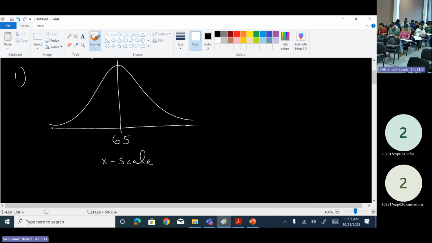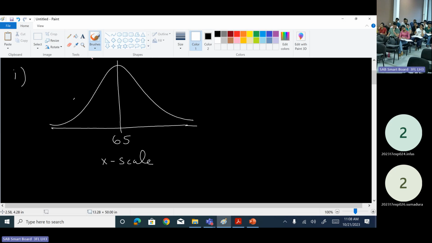Now we have to locate the 5% who got distinction. If 65 is the minimum mark for a distinction, anyone who gets above 65 will be offered a distinction, so we have to cover this whole region. 50% of the students would get distinction if the minimum mark is 65.